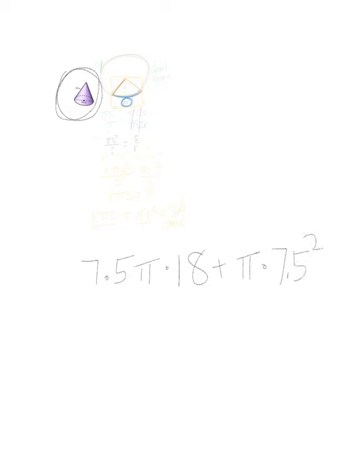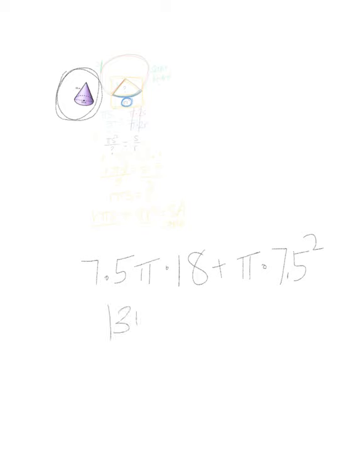All right, let's see. Using our formula and this cone right here, let's see if we can find the surface area. So r is 7.5 times pi times the slant height of 18 plus pi times 7.5 squared. So you're going to want to grab your calculator and get 7.5 times 18.